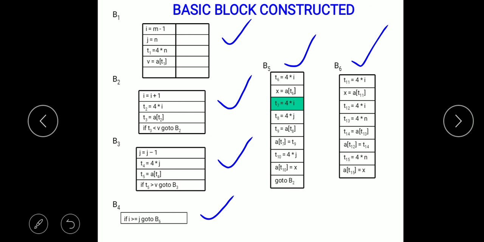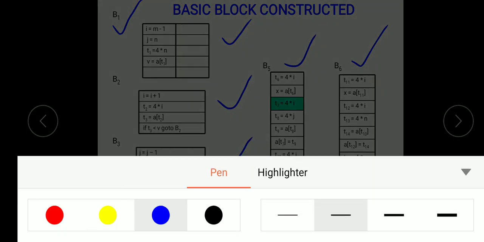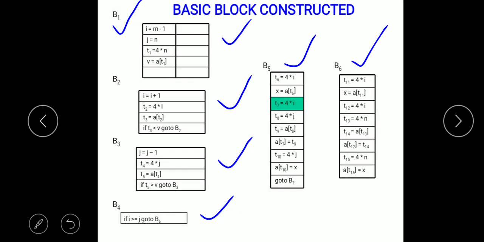You can look at B1 here. All statements can execute in linear fashion. That means statements number 1, 2, 3, 4 will execute in linear fashion. Again, in basic block B2, all statements will execute in linear fashion.